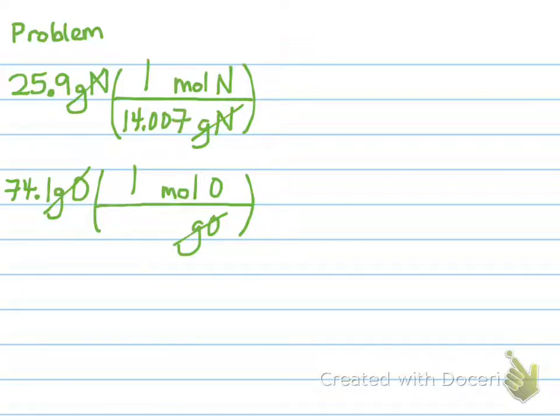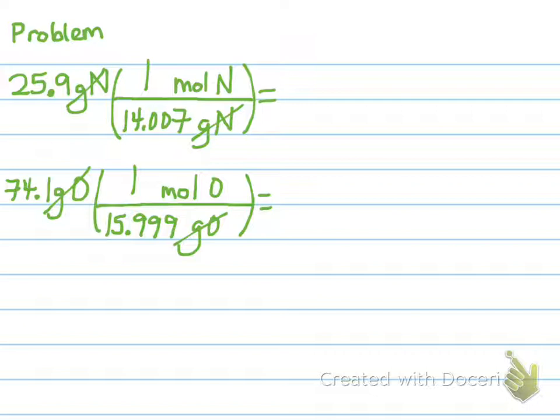And for oxygen, I'm going to use 15.999. Remember, those numbers just came from our periodic table. Okay, and we're going to do that math. So again, I'm going to put in my calculator 25.9 divided by 14.007. And I'm going to write my answer with 3 significant figures.